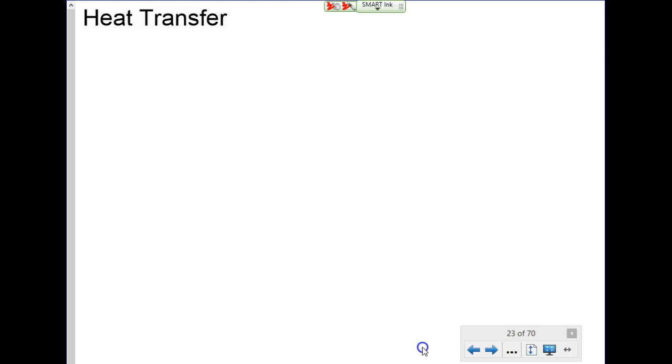Okay, in the evening, an iron statue in the park cools off from 25.0 degrees Celsius to 10 degrees Celsius.